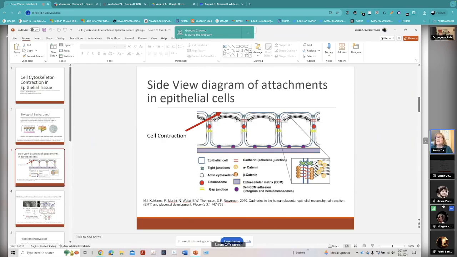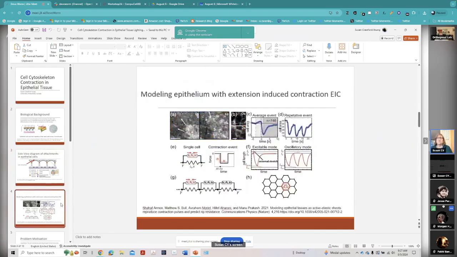This will affect the next cell to do something, and then that will affect the next cell. That's what I'm trying to model. And here's an actual real model of an epithelium with contraction going across the top of the tissue.